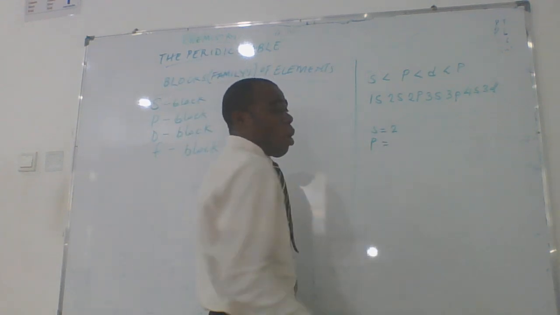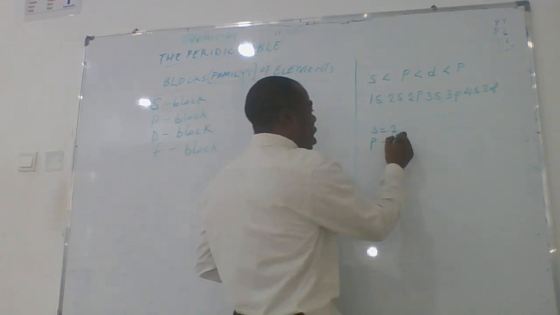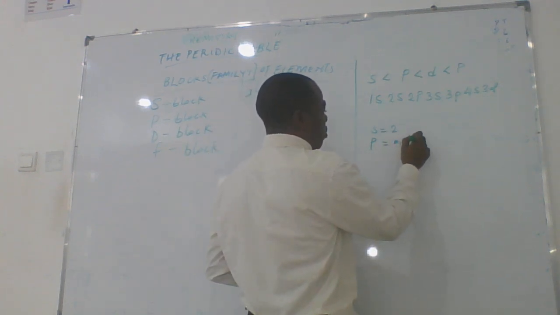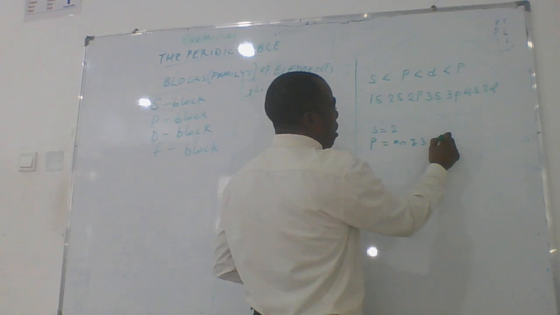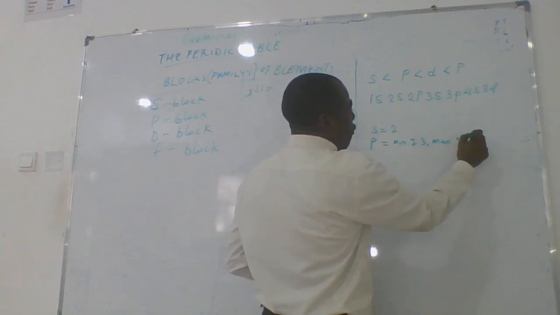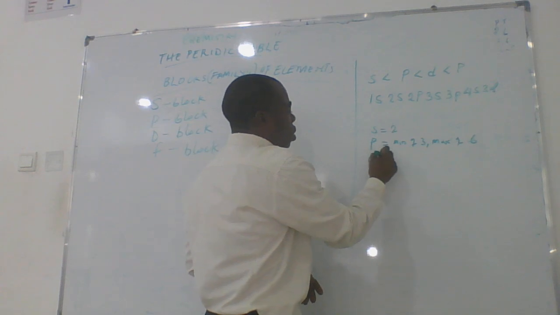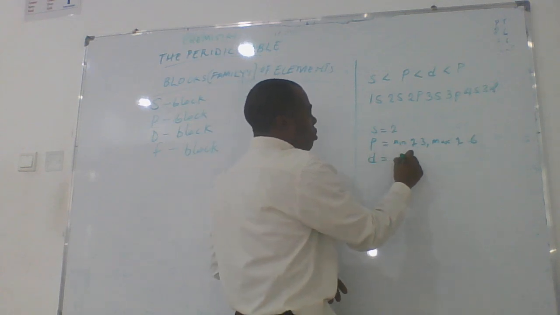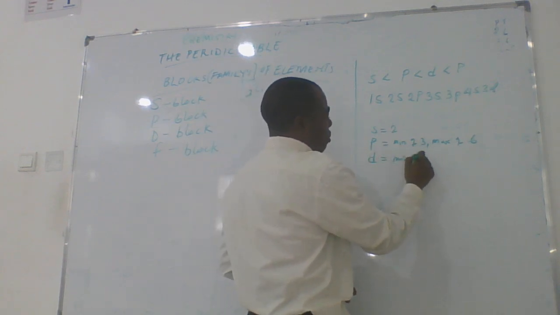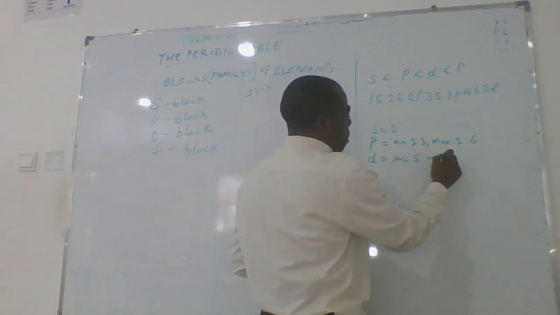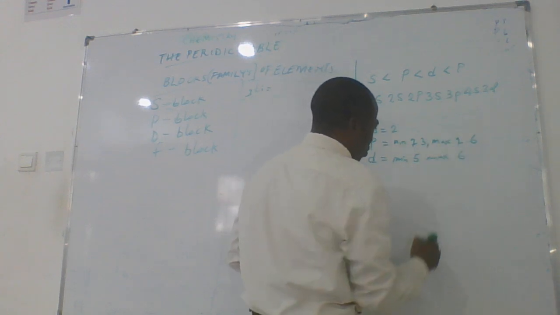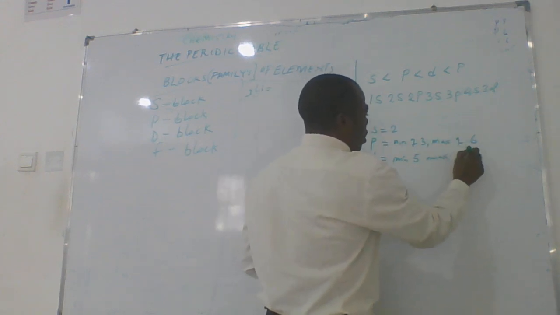P has 3 suborbitals, so it has a minimum of 3 and a maximum of 6 electrons. Then for D, I have a minimum of 5 and a maximum of, oh sorry, of 10.